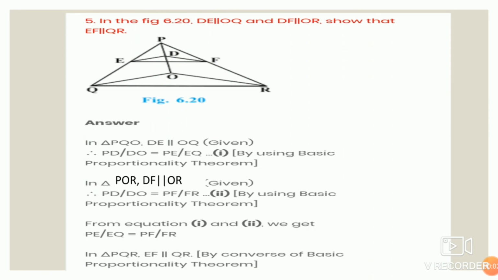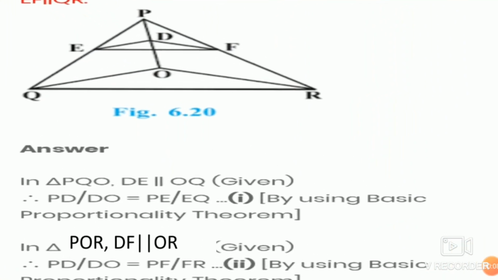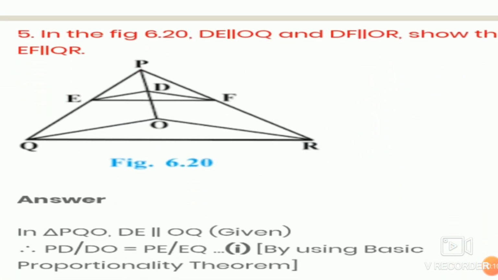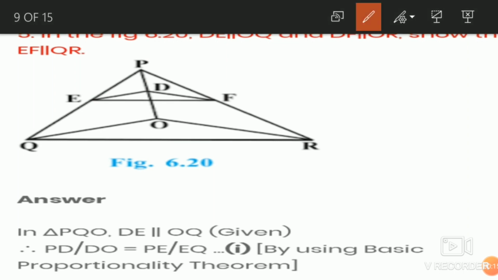In question number 5, in the figure, DE is parallel to OQ and DF is parallel to OR. So here, DE is parallel to OQ, so in triangle POQ, these two are in ratio by basic proportionality theorem.